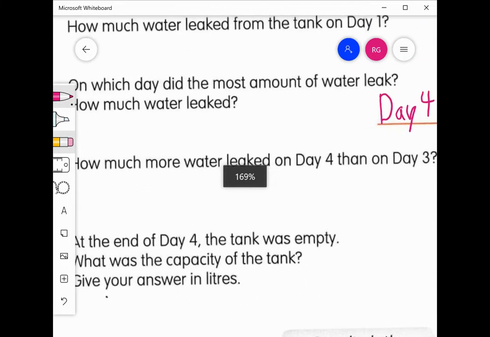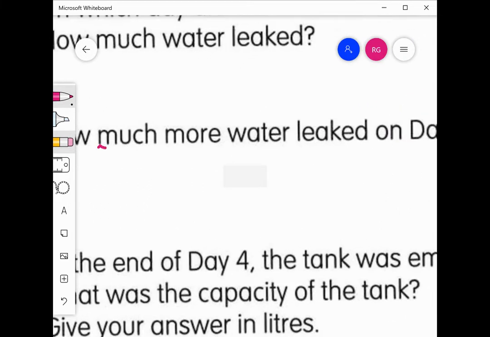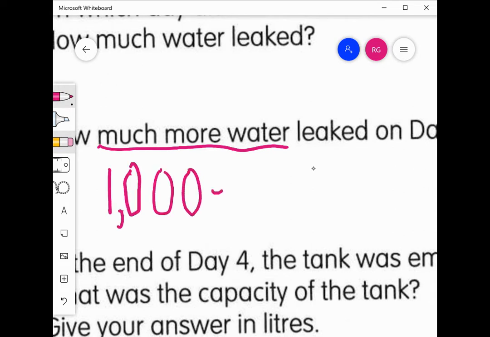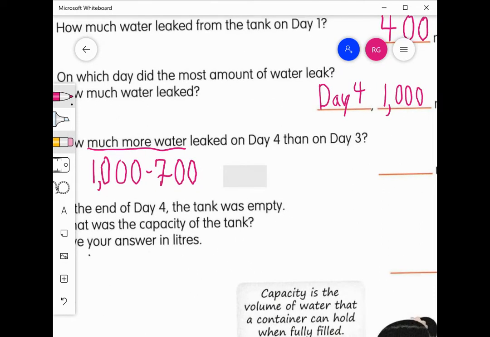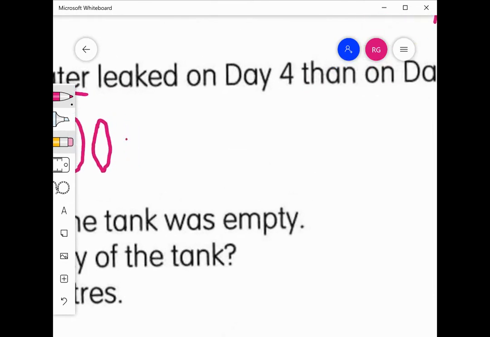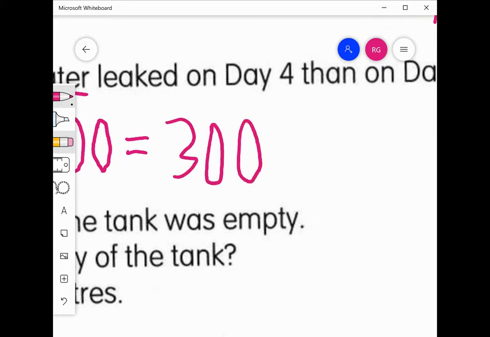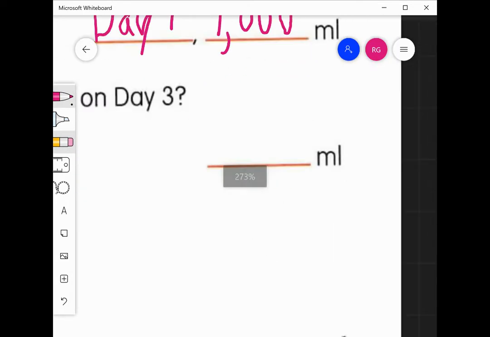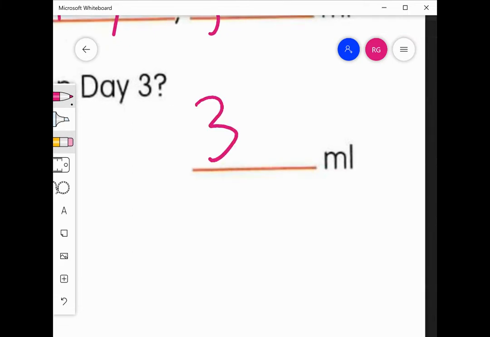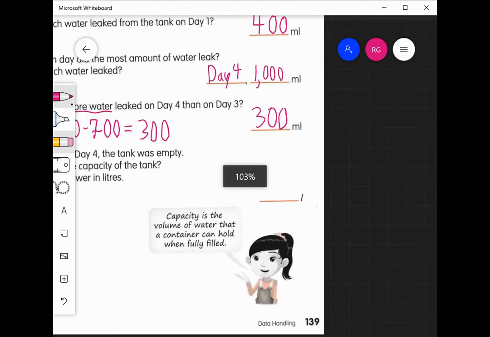So if we want to know how much more, we could subtract 1,000 minus 700, and that'll give us the difference, or the amount more that it leaked on day 4. So we could say 300 milliliters. So make sure you write 300 on this line here. All right, and we'll move on to the next one.